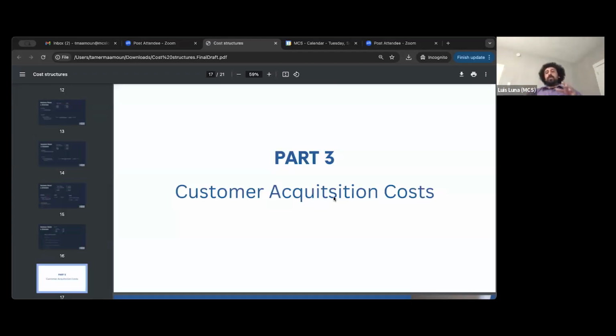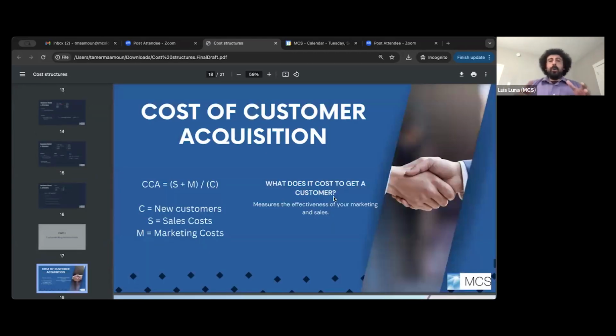A very simplistic understanding of what it costs for you to get a customer: the money that you're spending on sales and marketing, aside from your cost of goods sold and all that, and how many new customers you're getting in a period. I have an example on this next slide.